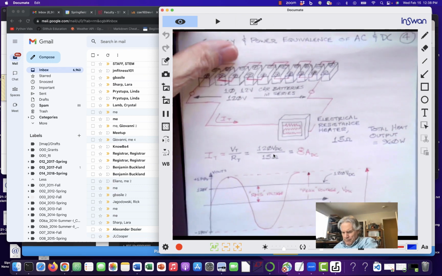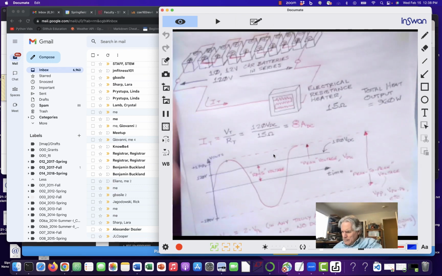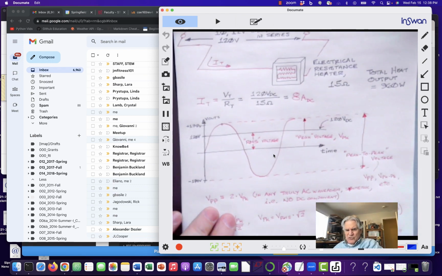But to produce the same heat, the same 960 watts as 120 volts DC and 8 amps DC, let's say we have a sine wave here that goes up to 170 volts peak.